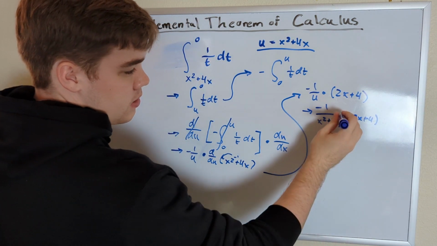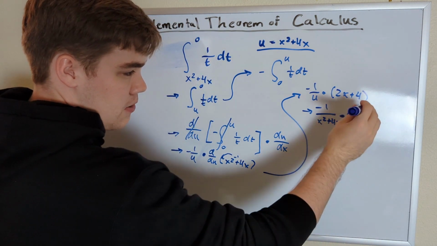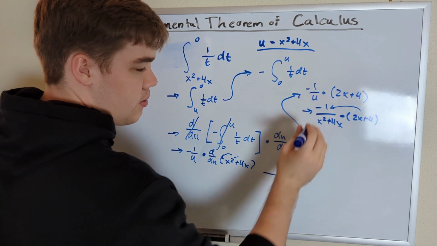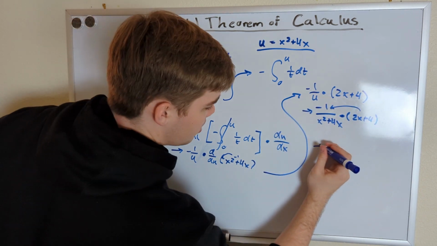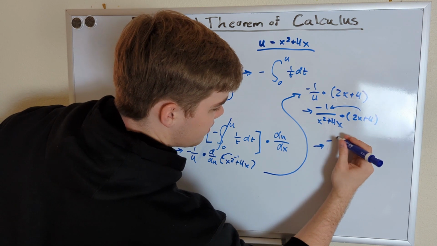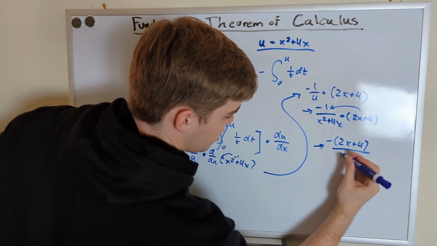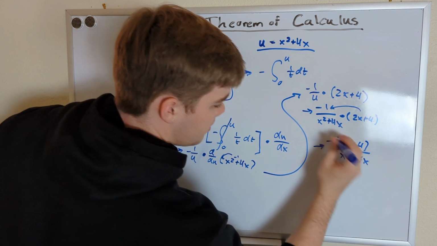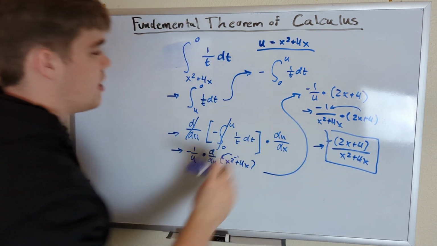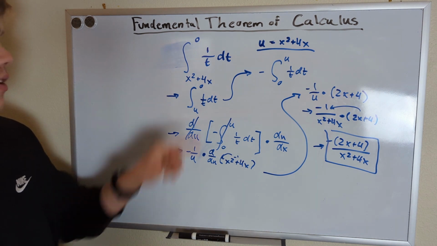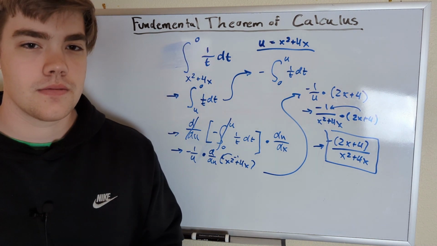Now all we got to do is put this into our numerator since we're multiplying by this, and we'll get our final answer of negative 2x plus 4, all divided by x squared plus 4x. And that's the derivative of our integral from x squared plus 4x to 0 of 1 over t dt.